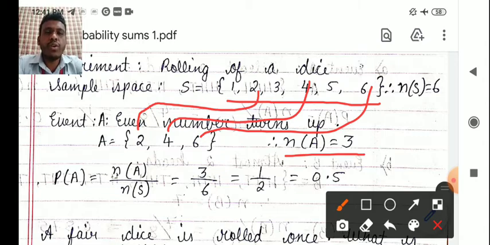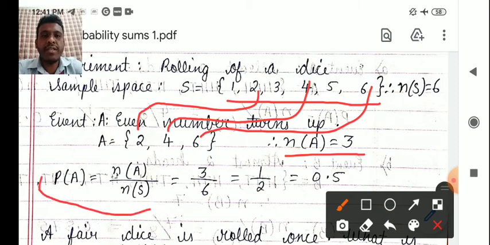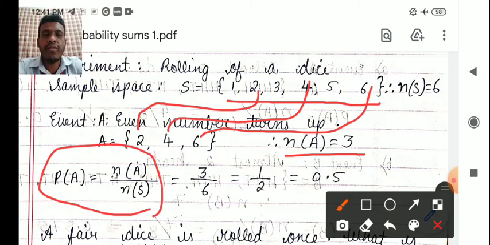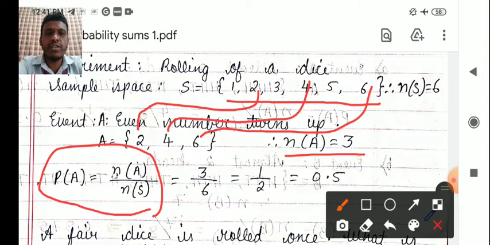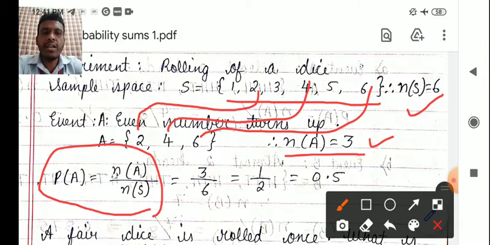Okay, so what is the probability of A? The formula is probability of A equals n of A upon n of S, which is equal to 3 upon 6. N of A is 3, n of S is 6. So 3 upon 6, that is 1 upon 2, as 3 ones are 3 and 3 twos are 6.